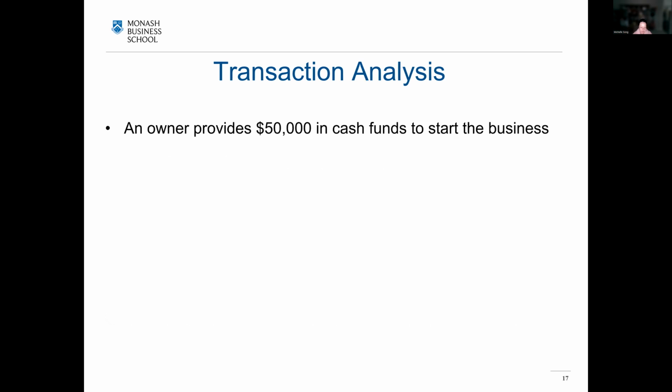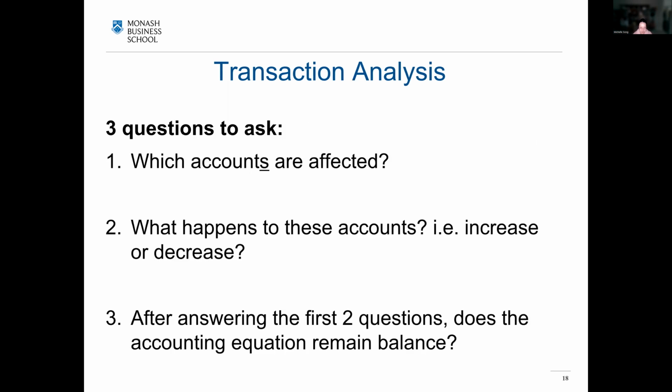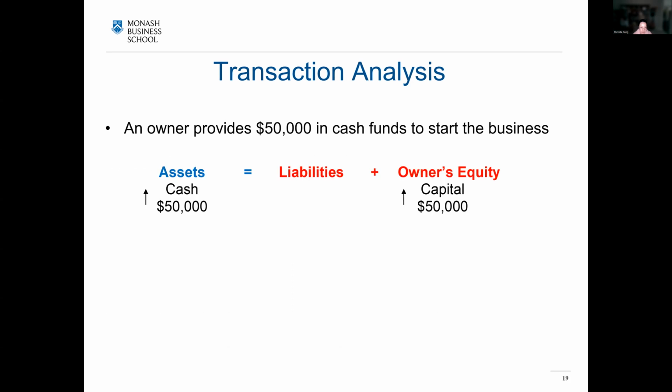The first example here is: an owner provides 50,000 cash into a business to start a business. So you ask yourself these 3 questions. I'm going to apply them to the examples we have in the lecture. The first question is: which accounts are affected? In this case, we definitely have cash, as the question tells us.